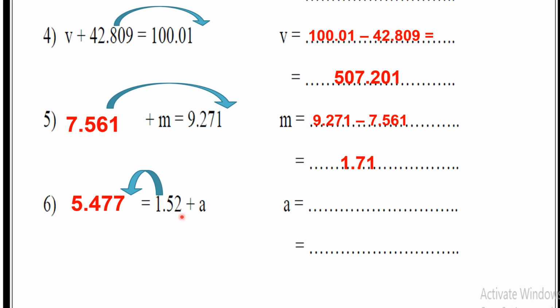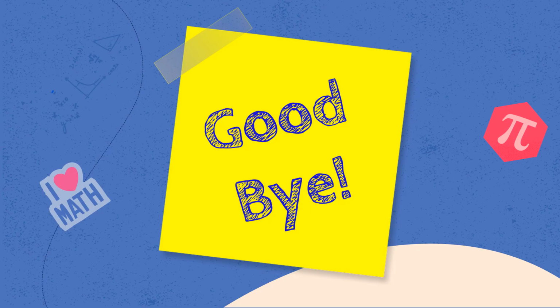And now let's take 1.52 to the other side here. So we will take it using the inverse operation. So a will be 5.477 minus 1.52. When we calculate it, it will be 3.957.